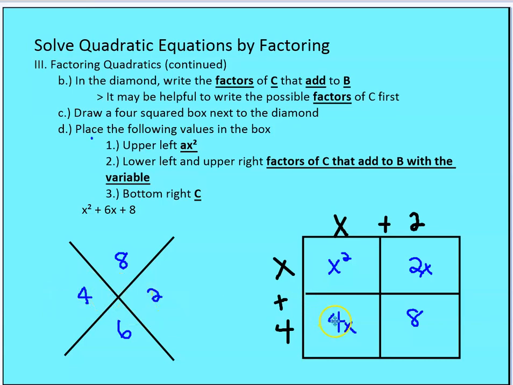It doesn't matter in what order. I could put 2x here and 4x here, but I have to add that x next to them. So 4x and 2x. All right, and then I'm going to take the common factors in the rows and common factors in the columns. x is a common factor here, 2 is a common factor here, x is a common factor here, 4 is a common factor here. And now I've factored my quadratic.